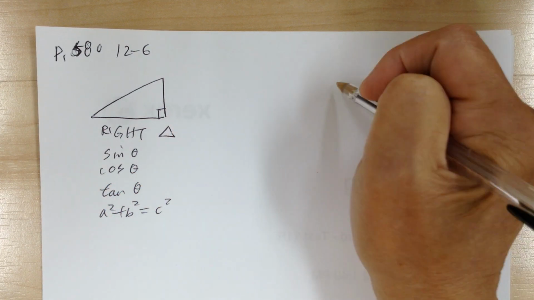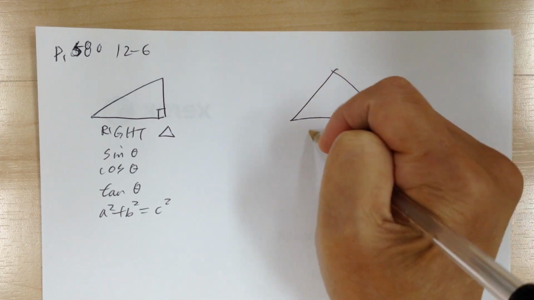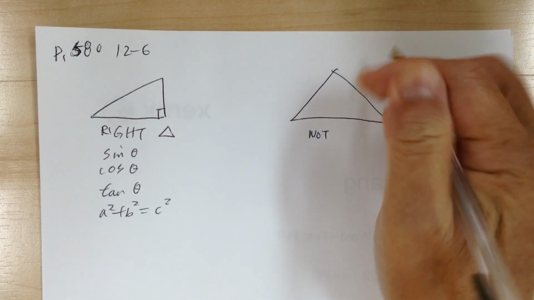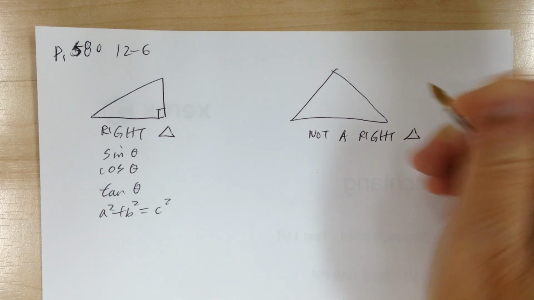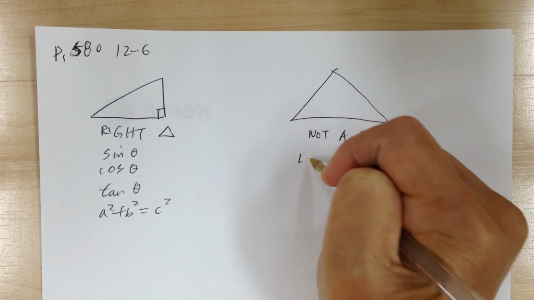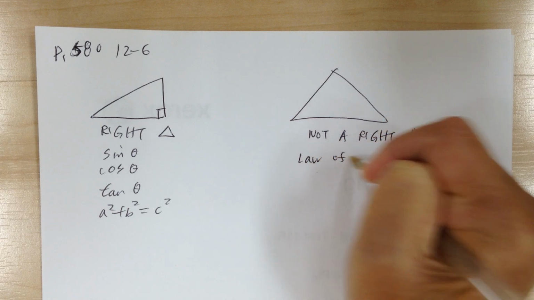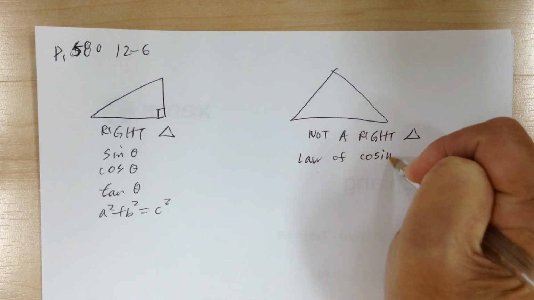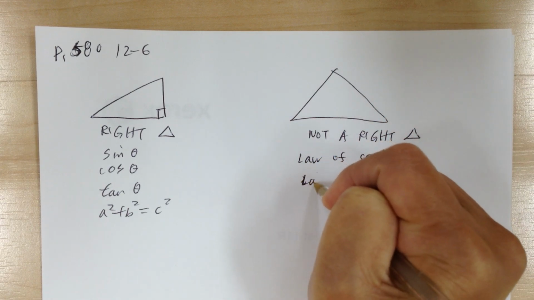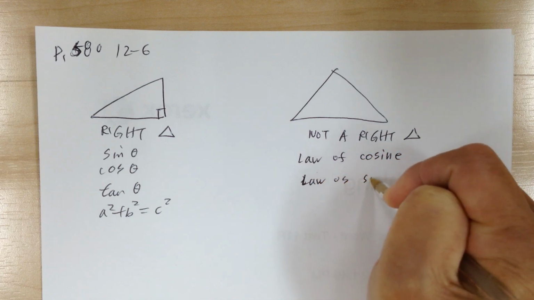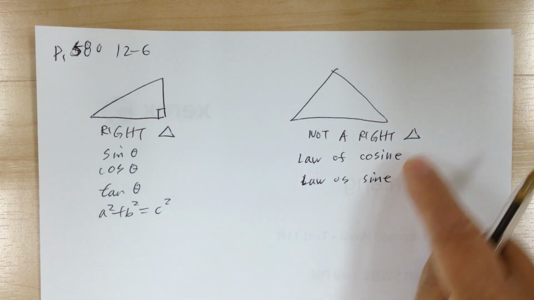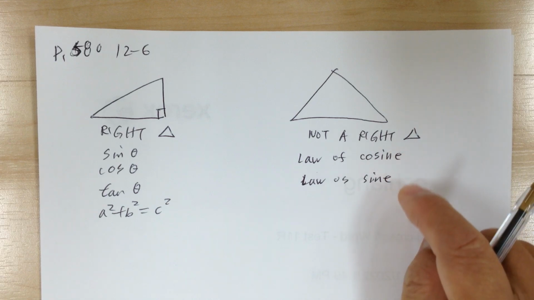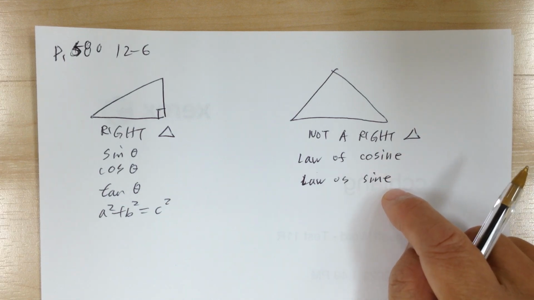Now, when you have a triangle that is not a right triangle, then you want to use the law of cosine and the law of sine. So we're going to cover the law of cosine this lesson and the law of sine next lesson.